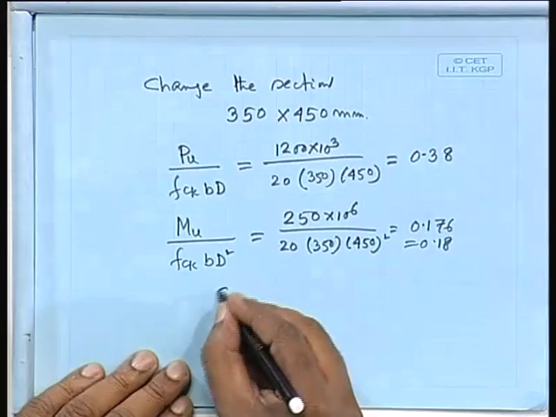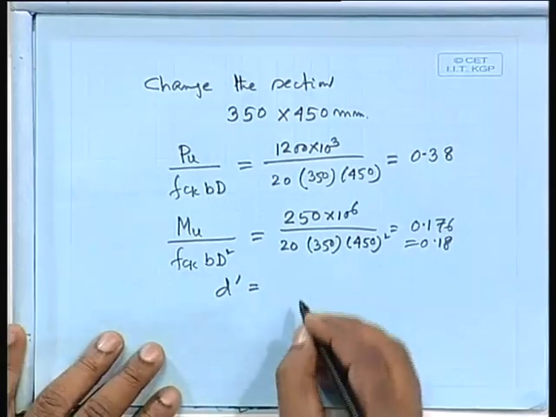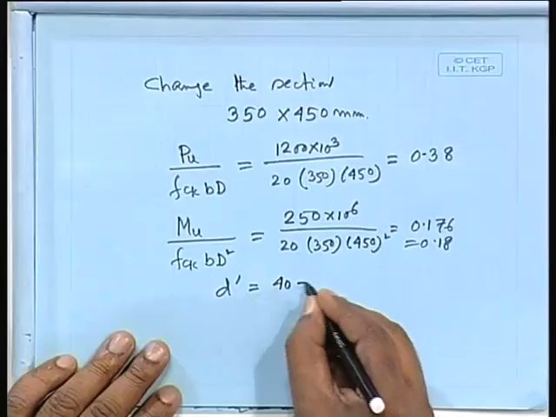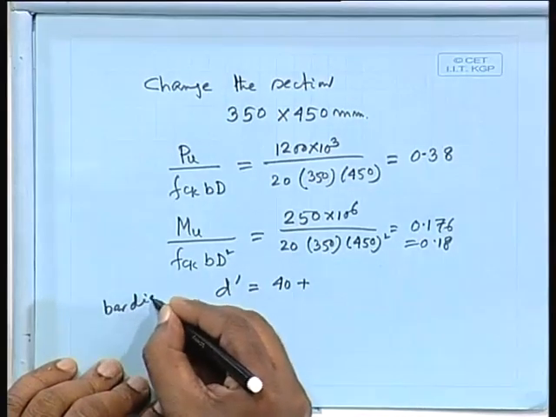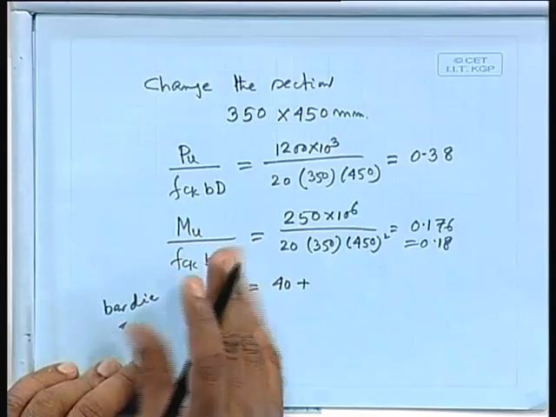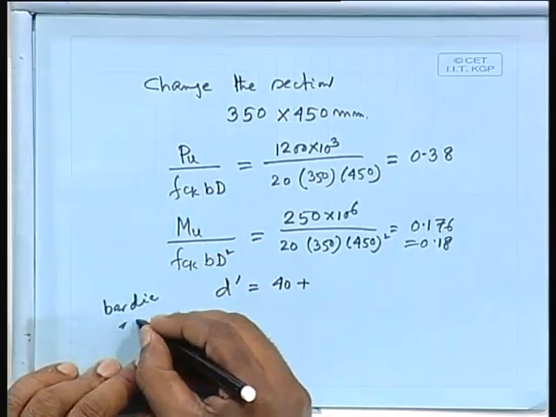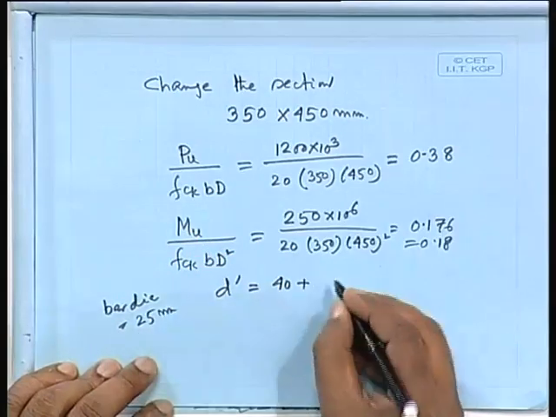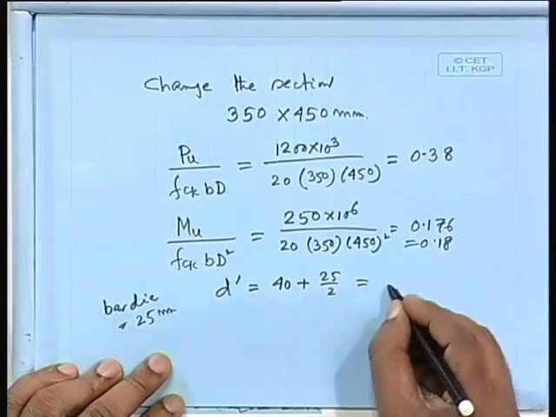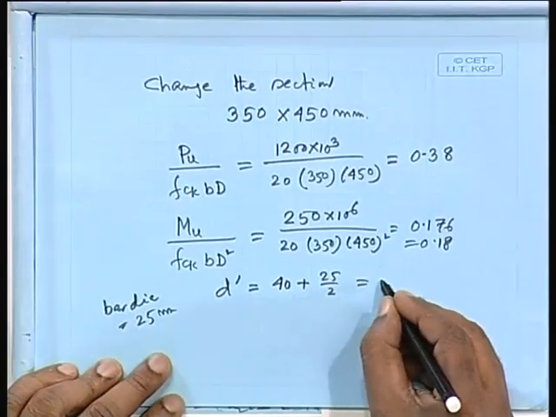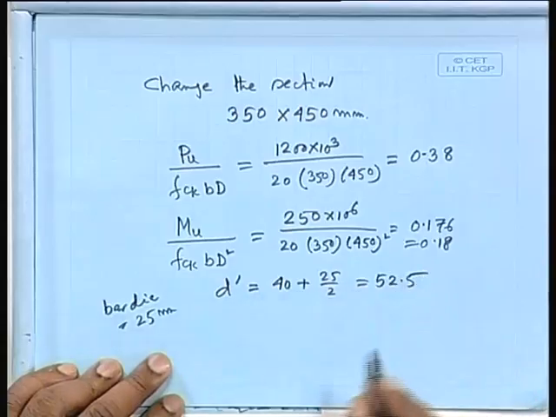What about d dash? d dash equal to say 40 millimeter. Let us take bar dia, because we have seen that 20 millimeter is not a good choice. Let us take 25 millimeter. So 25 by 2, so we are getting here 52.5.